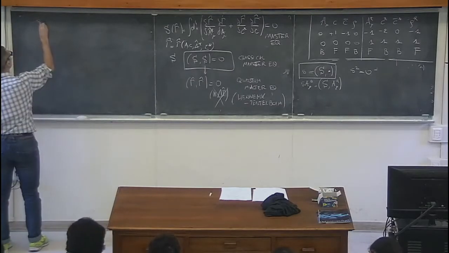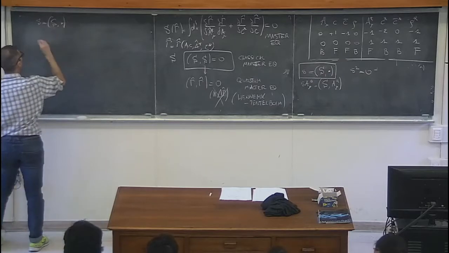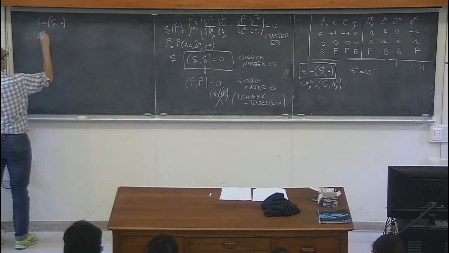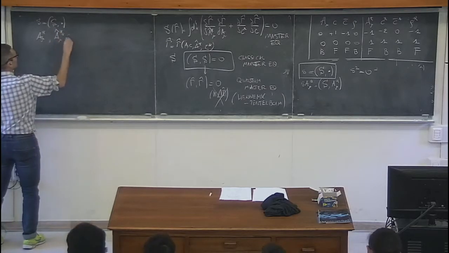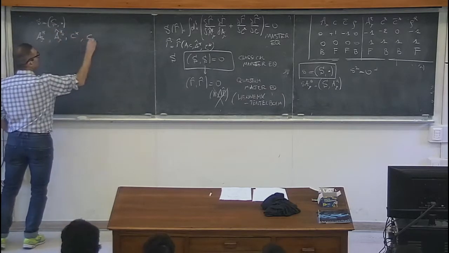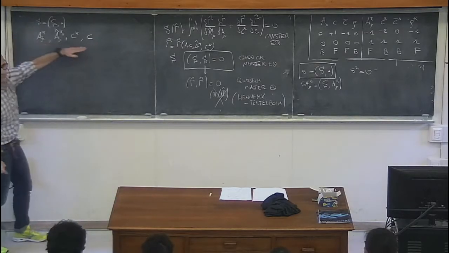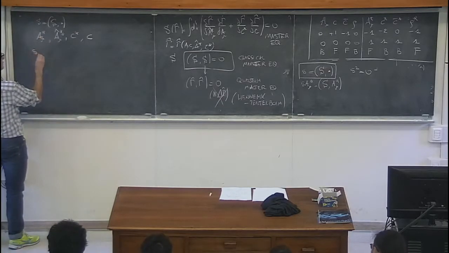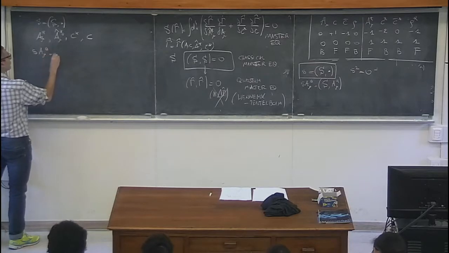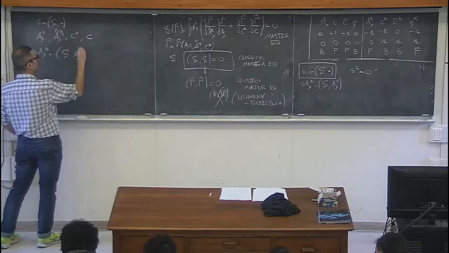I want to calculate what is s acting on these fields, A mu A, A star, hat, C star, and C. I want to calculate what is this operation acting on these fields. So let's start with s acting on A mu A, which means S with A mu A.